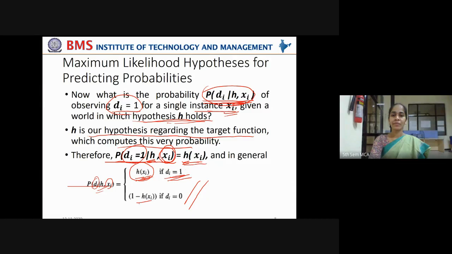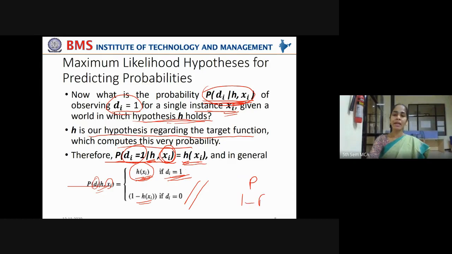Now, if the patient is not surviving, then it is not according to the hypothesis. That is nothing but 1 minus h of xi. I'll help you understand this. Say, what is the probability of occurrence of an event? If we denote it with P, what is the probability of that event not happening?